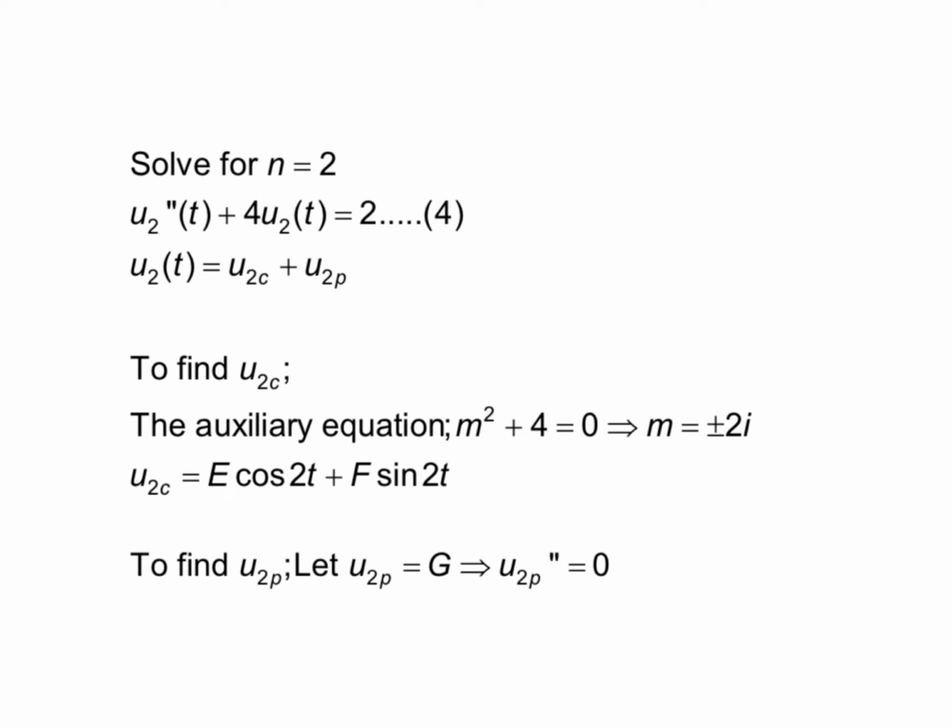Now we are going to solve for n is equal to 2, where we have u2 double prime t plus 4 u2(t) is equal to 2. And this one is our general formula. So in order to find u2c, we are going to make this equal to 0.